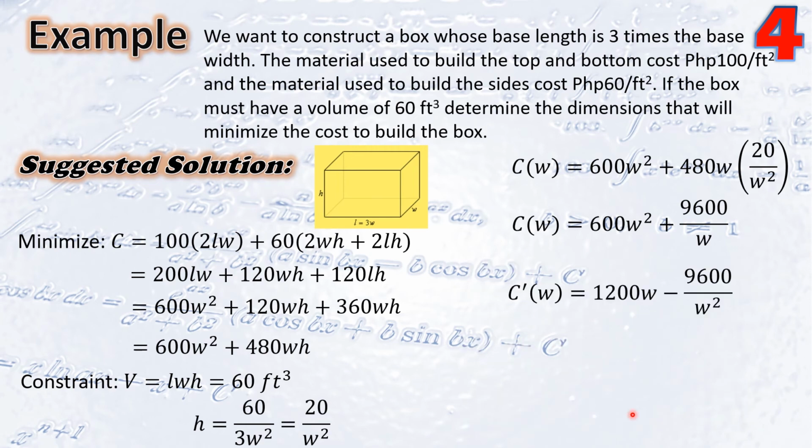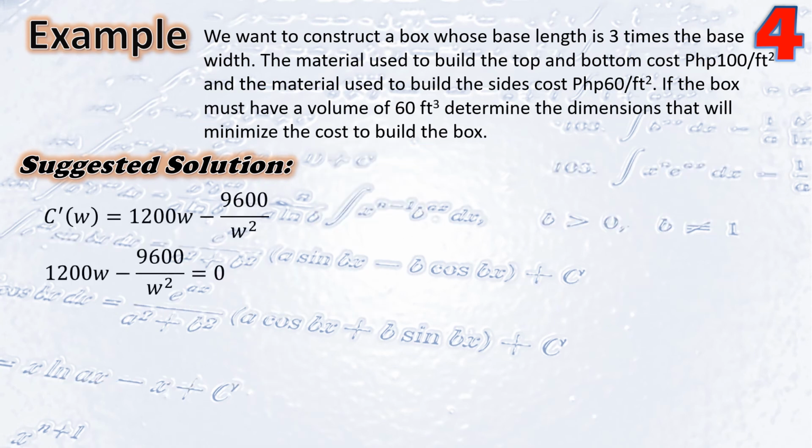So we have C prime of W is equal to 1200 W, that is the derivative of 600 W squared, minus 9600 over W squared, that is the derivative of 9600 over W. From here, we will get the critical number by equating C prime of W to 0.